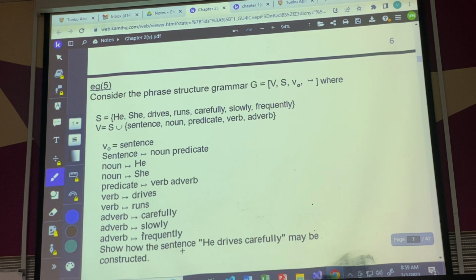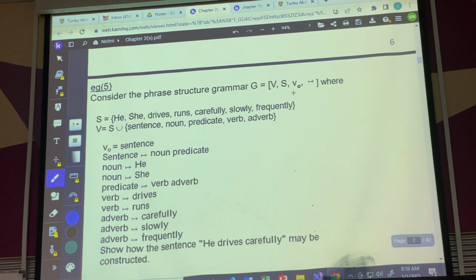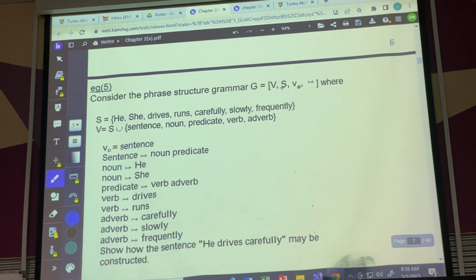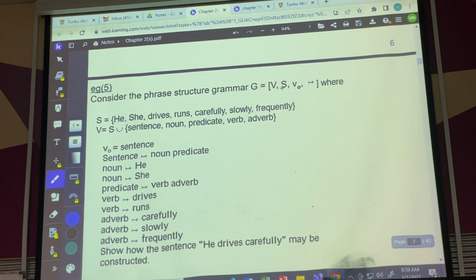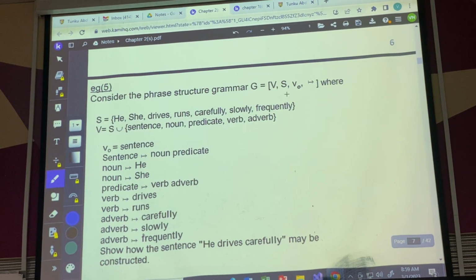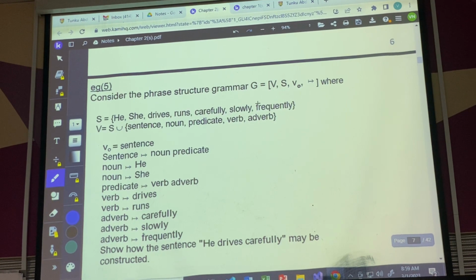Okay, this is the example to form a sentence from these four components here. The four components, as I told you just now, you have the set B, set S, the V0, and the production relation. Okay, so the words in the set S, you have all these.